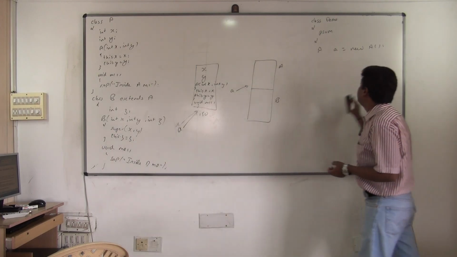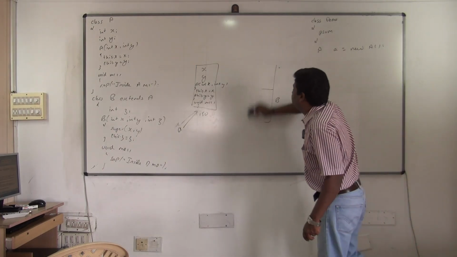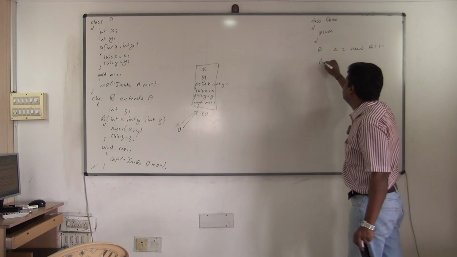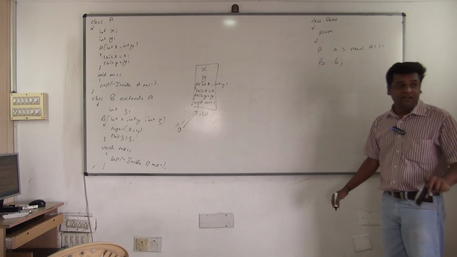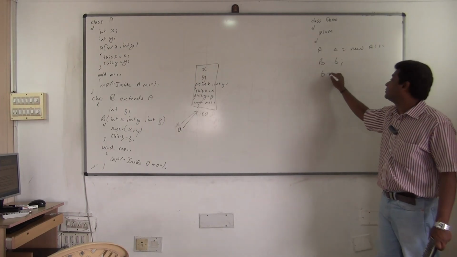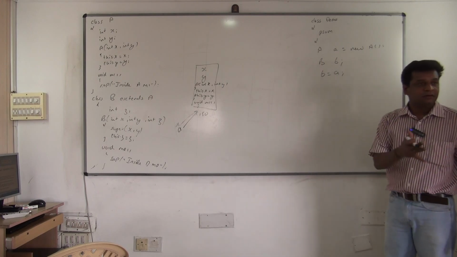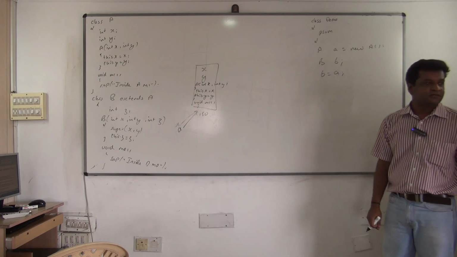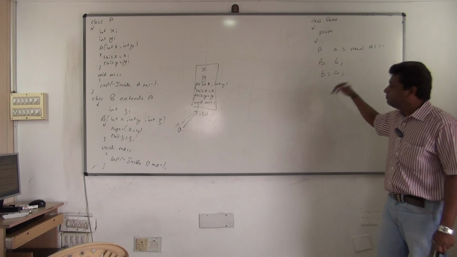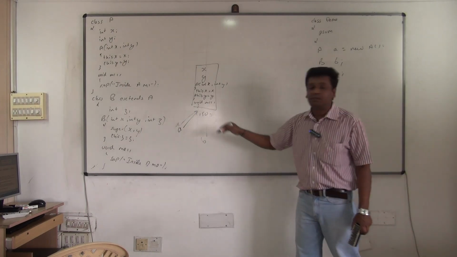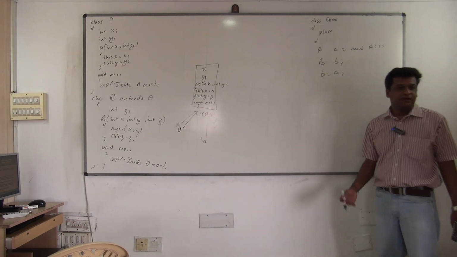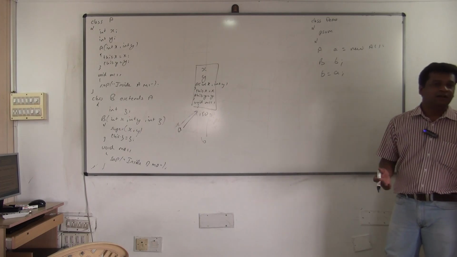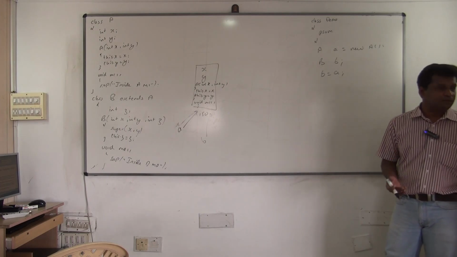But I cannot give the address or reference of this A object to a B variable. Yes or no? Is it possible? Not possible. I cannot do this. This is wrong. Why? Because if B refers to this, where are the subclass members, is the question. I told you very clearly, a subclass variable cannot refer to a superclass object.